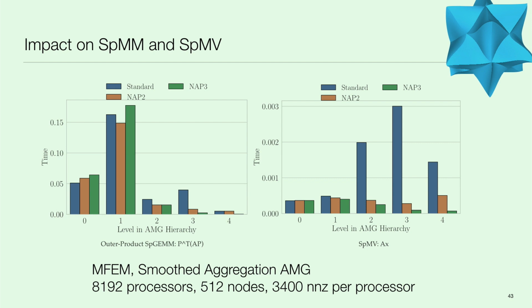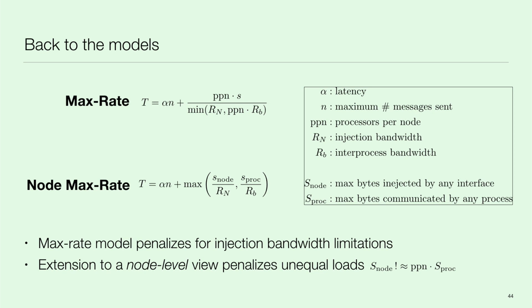Does it change for each problem? Does it change on size? Does it depend on which machine you're on? And so we have to go back to the models, and one of them is the max rate model, and we can extend this to be kind of a nodal max rate. And so we're adding a few pieces here. Here we have the injection bandwidth and the interprocess bandwidth, but then we're also going to distinguish between the maximum number of bytes injected by any interface and the maximum number of bytes communicated by any process.